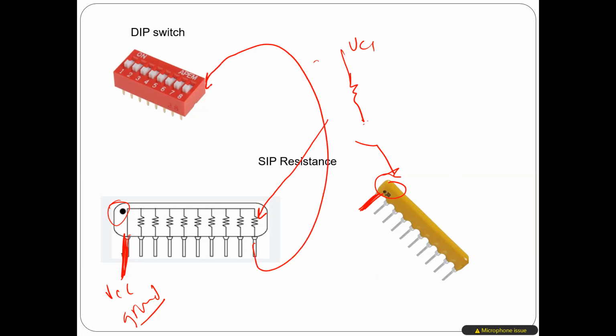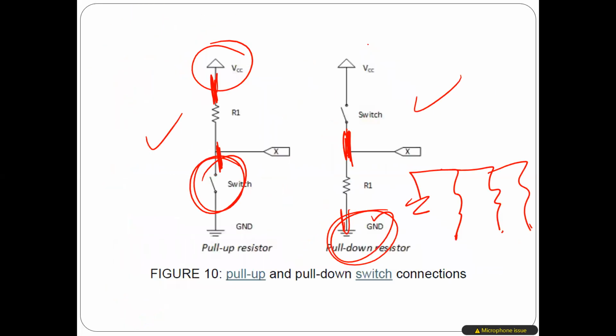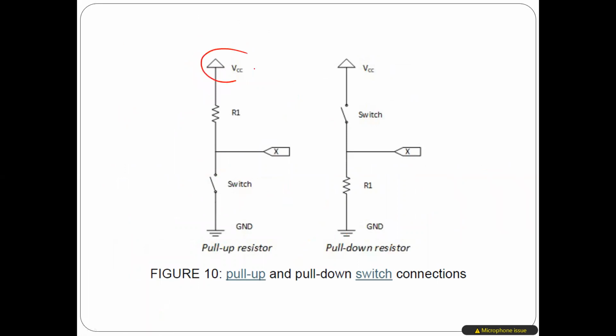And then the other side of the switch is going to go to ground. Here this one is connected to VCC. What may confuse you is that it's not only one resistor, but multiple resistors.